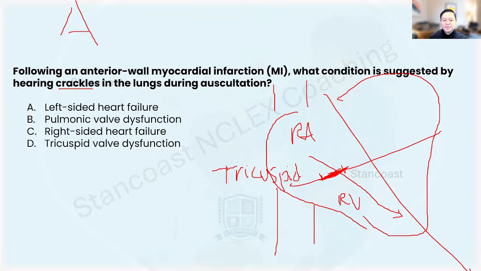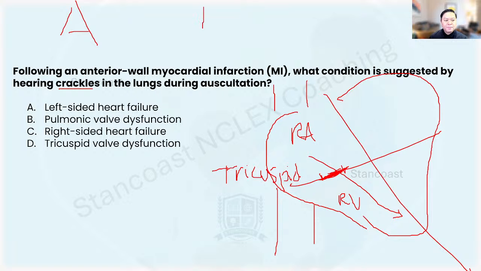Now, guys, our test-taking strategy here is to make sure you utilize what you have learned, your basic knowledge about the anatomy and also the physiology. Make sure that you are able to recall the anatomic compositions of those valves, the chambers, the function of the left ventricle, the function of the right ventricle, so you can pinpoint exactly what that complication is going to be. Again, let me simplify this.